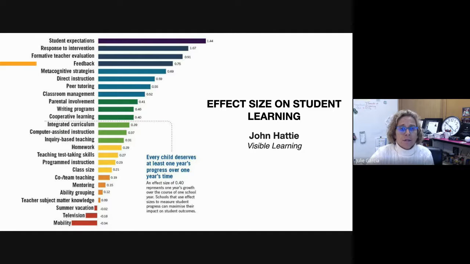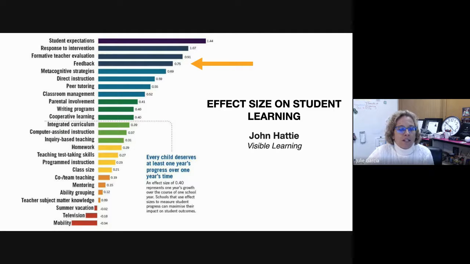Well, what Hattie has told us is that there is an effect size of 0.75 for feedback, an effect size of 0.91 for when a teacher provides formative teacher evaluations, when the teacher is performing those formative assessments, or a 0.75 when a teacher is providing that positive feedback.